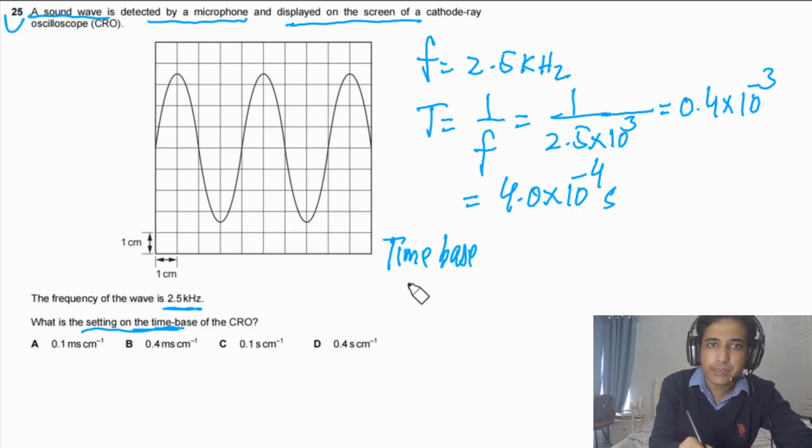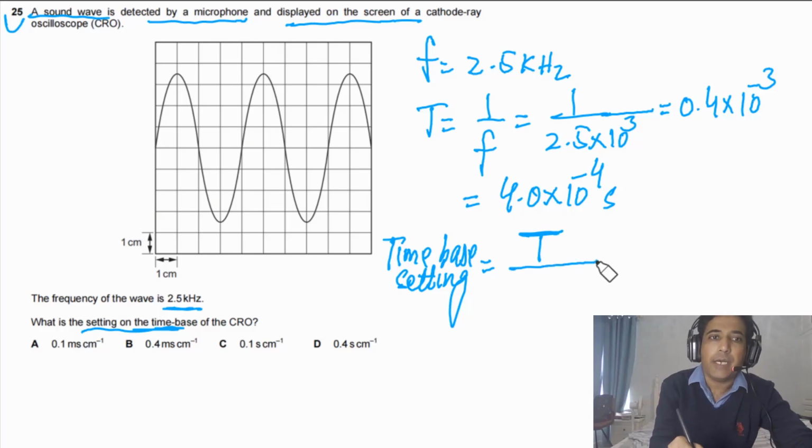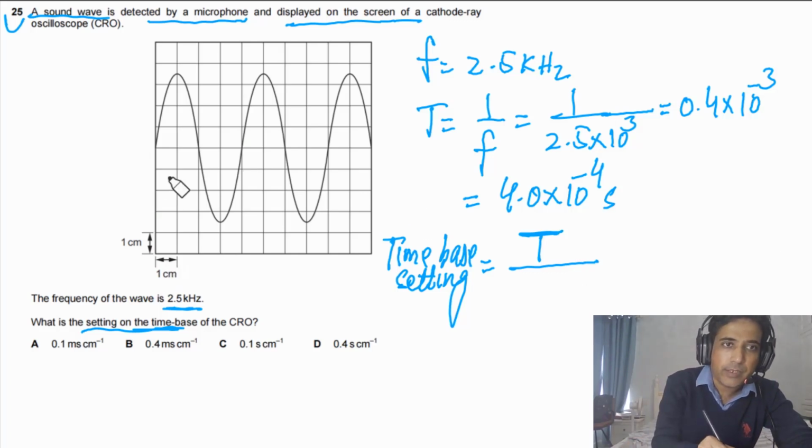Time base setting simply is equal to time period divided by reading on CRO. So the reading on CRO, we can see here, this is 1 centimeter.